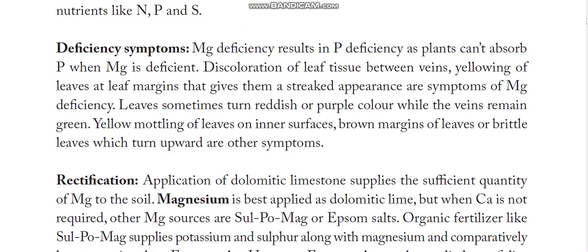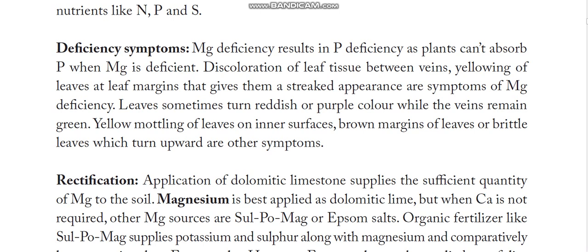Magnesium deficiency results in phosphorus deficiency, because without magnesium, phosphorus cannot be taken up by the plants. The symptoms of magnesium deficiency are almost like phosphorus deficiency: discoloration of leaf tissue between the veins, yellowing of the leaves at the margins.